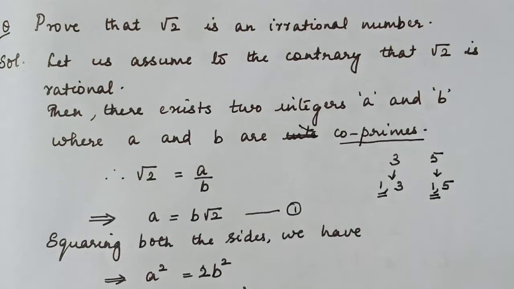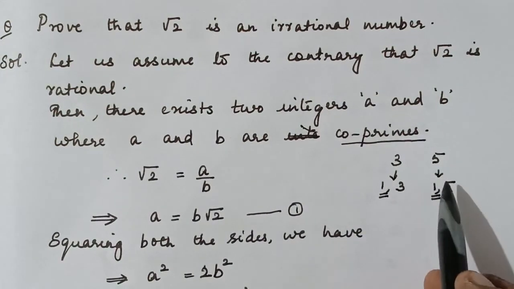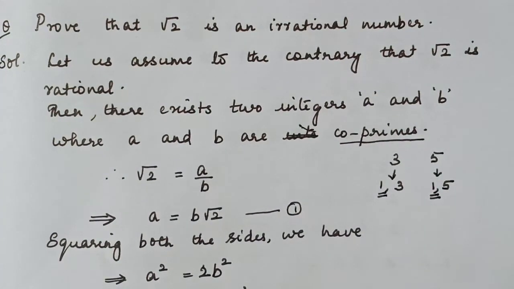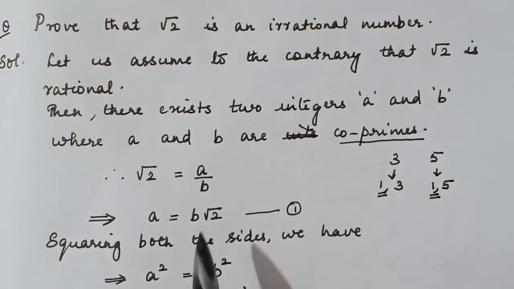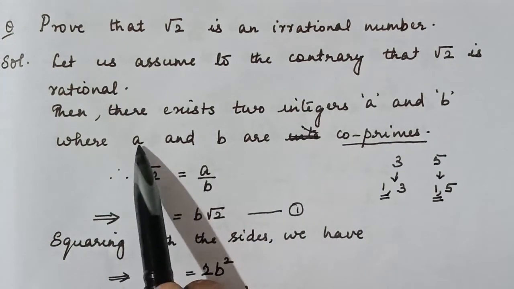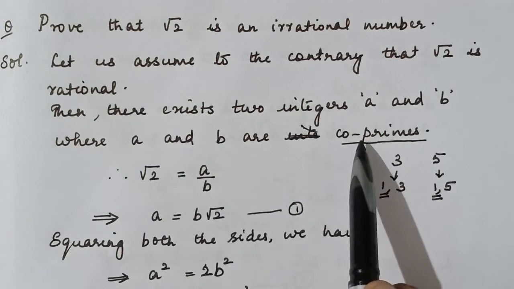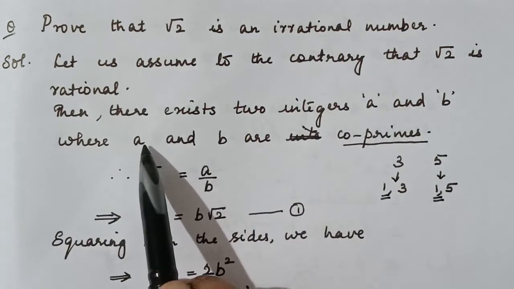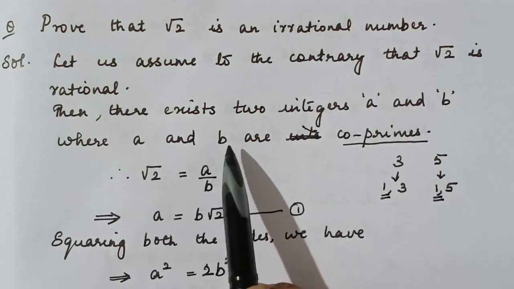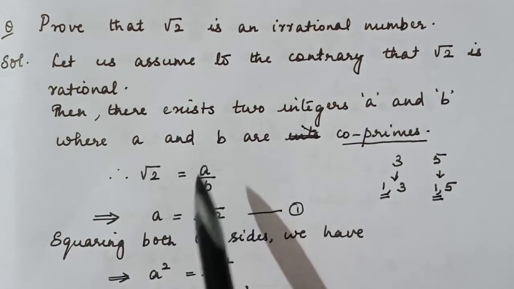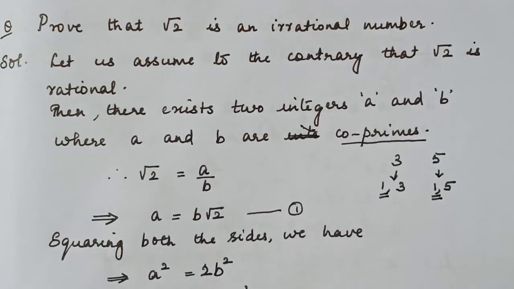That is, we will say that 3 and 5 are co-primes. So here we are taking two integers a and b, where a and b are co-primes. That is, they have common factor 1. So we will see how to do the sum.